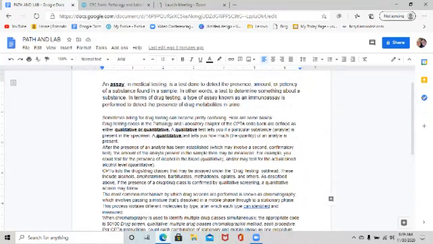A qualitative test tells you if a particular substance, an analyte, is present in the specimen. Quantitative tells you how much, the quantity, of an analyte is present.